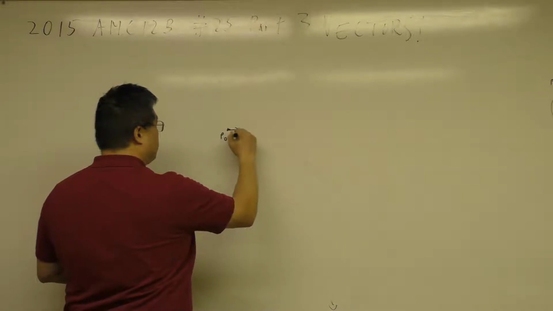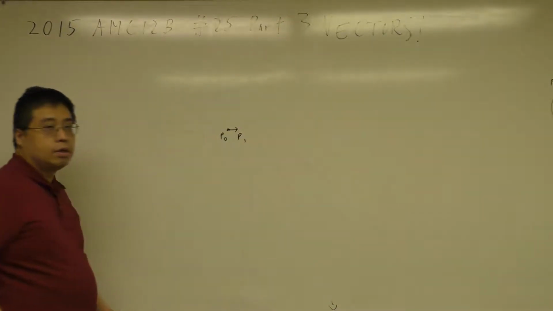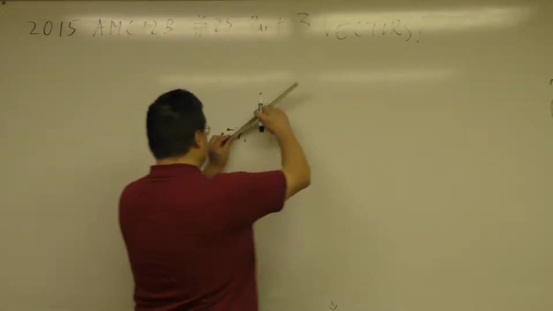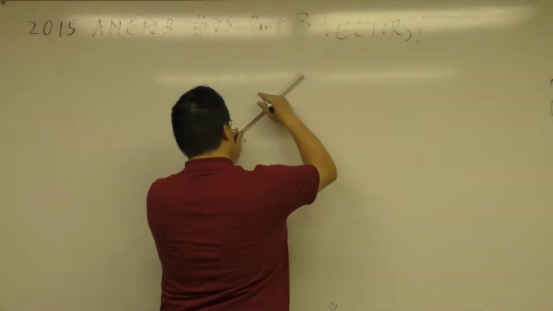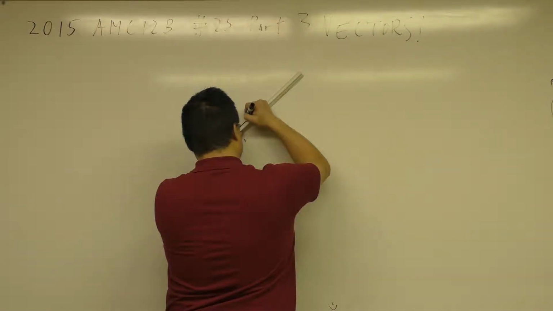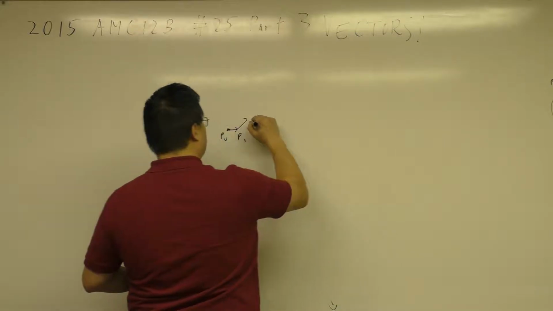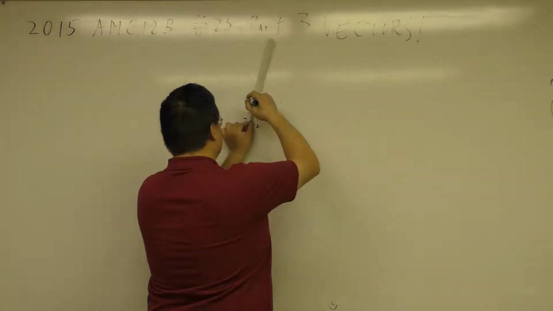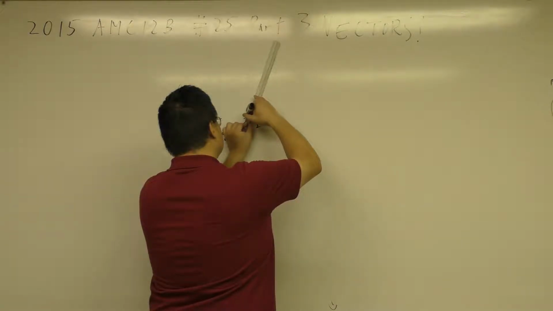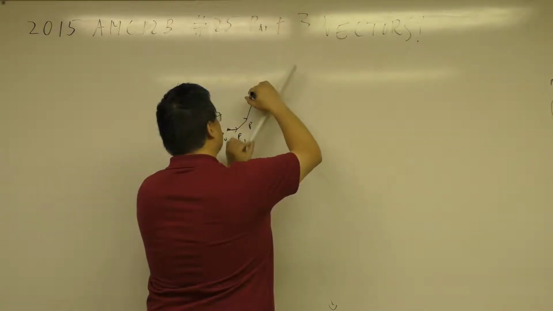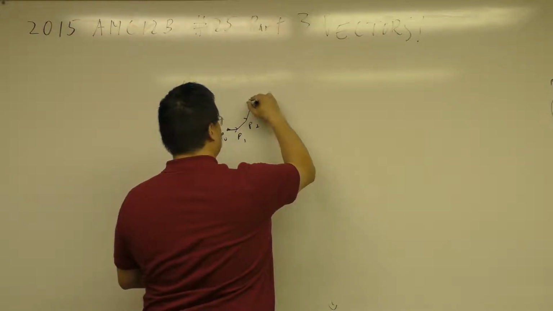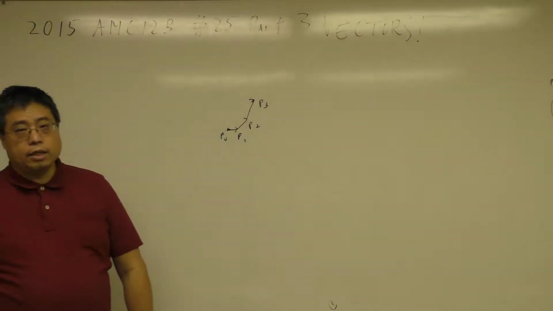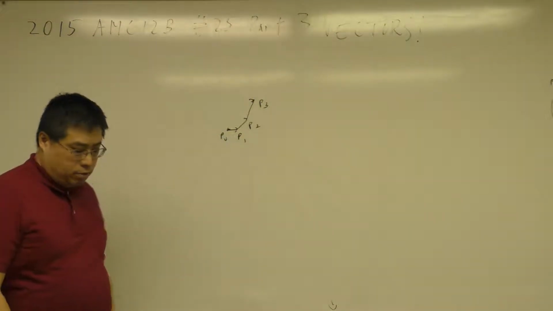So P0, P1. And then we move 2 units at a slightly different angle, P2. And then 3 more units at another angle, P3. So that is how we got to P3.